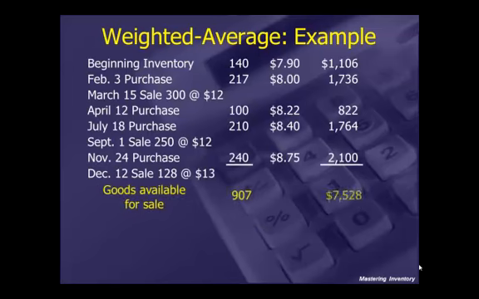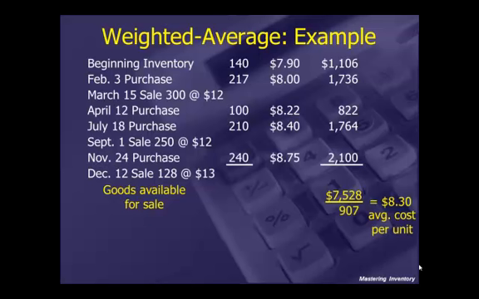Well, we need to figure out what the goods available for sale are. So by adding beginning inventory plus each purchase, there are 907 units available for sale. Add the total amounts for the beginning and for each of the purchases, and that's $7,528. We can ignore the unit costs for the time being. So what you need to do is divide $7,528 by 907 units.